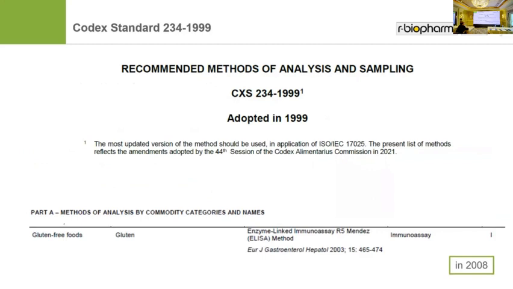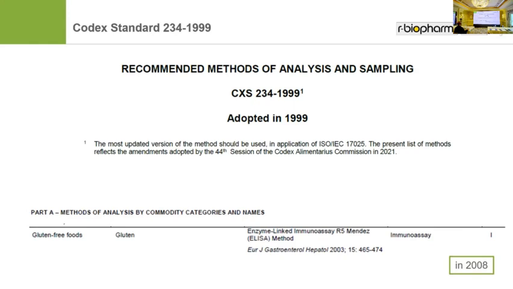Due to these advantages, the Méndez method became a type 1 Codex method in 2008. The list of Codex methods is the Codex Standard 234. Herein you find the description of the gluten-free foods method, the publication that you have seen before, which describes the Méndez ELISA method in combination of R5 ELISA and the cocktail solution.